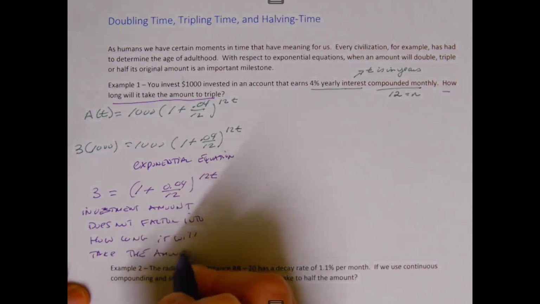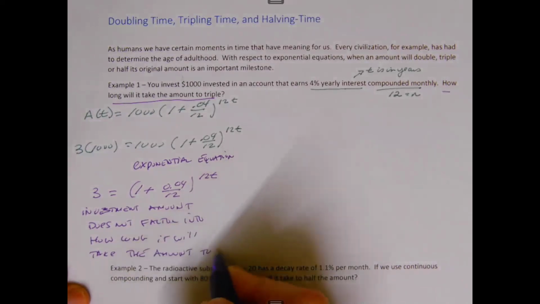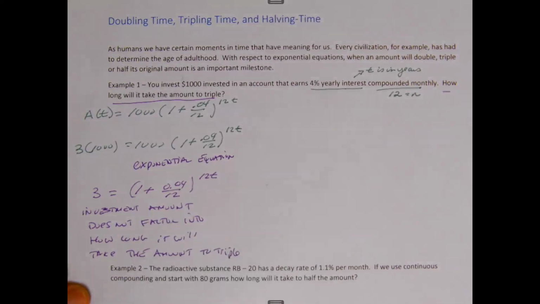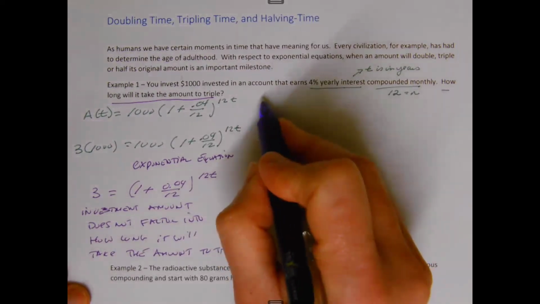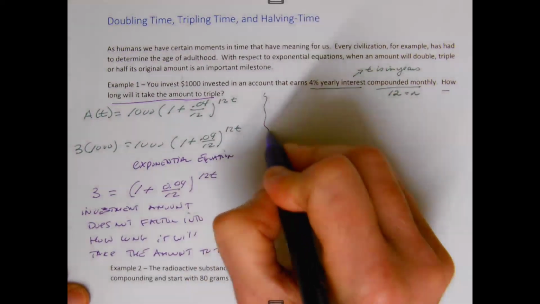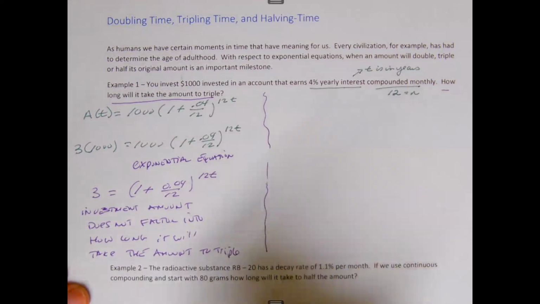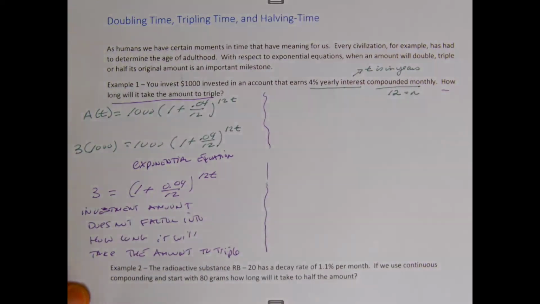So keep that in mind for other questions. That's always going to be the case. If we want something to triple, the original start doesn't really matter. What does matter, though, is the rate. The rate is what governs how long it will take to triple.